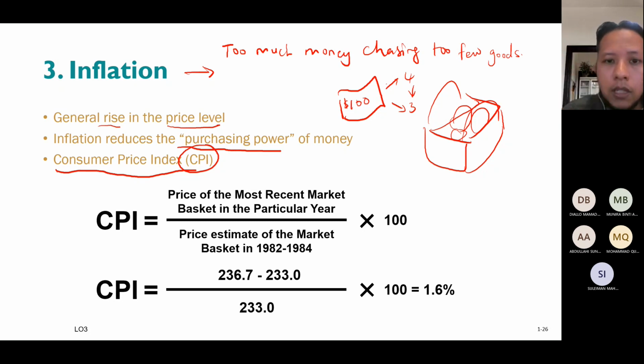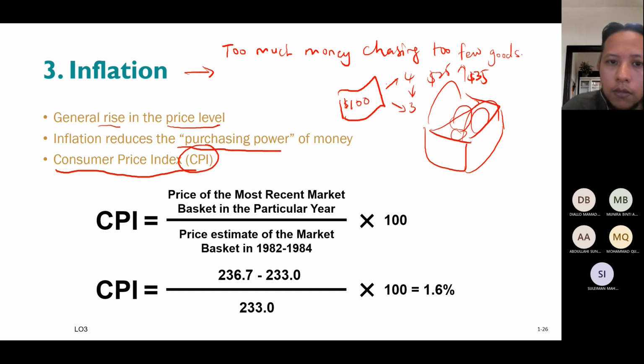Previously, the price of the four items was maybe $25 each, so you could buy four. But because of the increase in price, now it is $35.